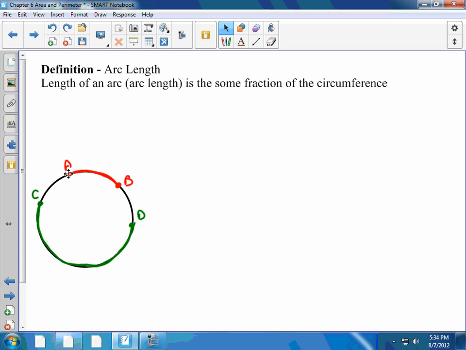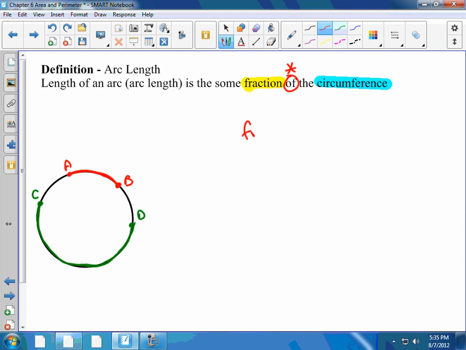Arc length's formula, as we can see from its definition, is some fraction of the circumference. So that basically means we're going to take that fraction times the circumference, because the word "of" means to multiply.